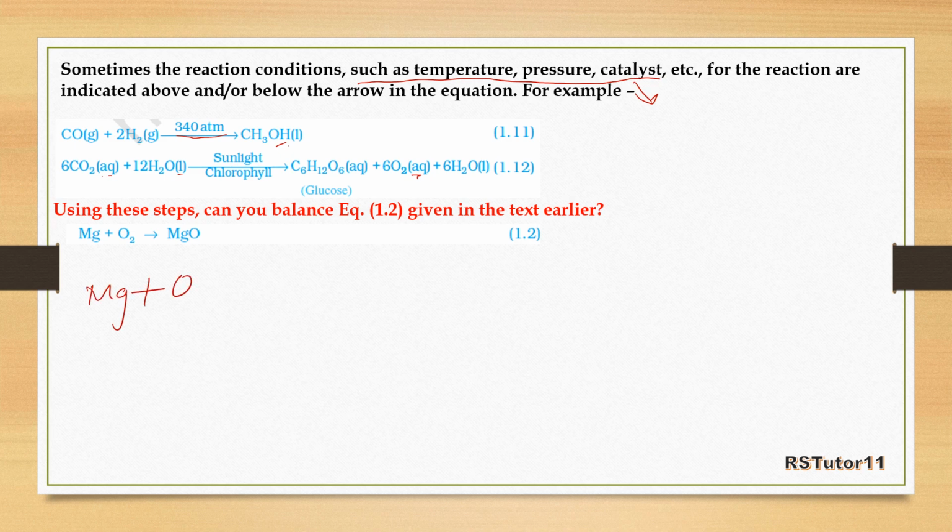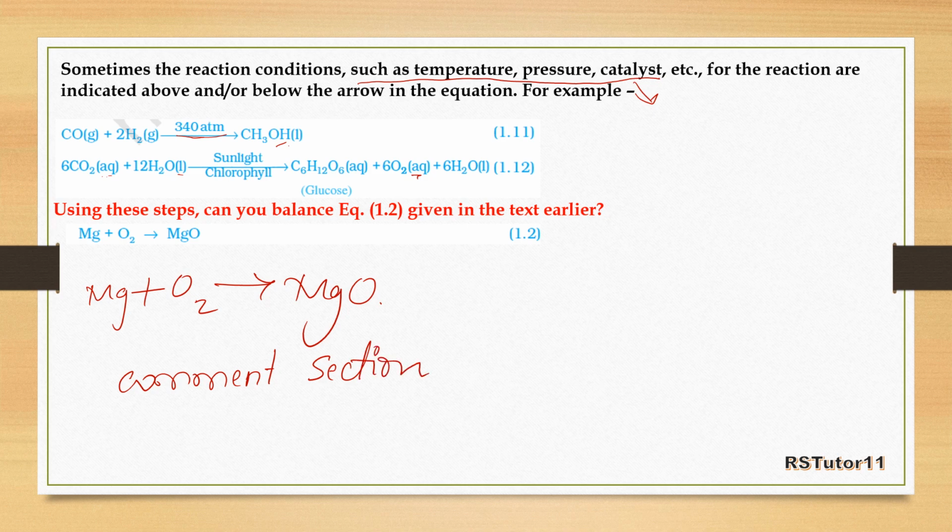Next, balance this equation and comment. Comment section, answer this. I'll roughly just say, but I'll not write. See, one atom of magnesium, one atom of magnesium. 2 atoms of oxygen, 1 atom of oxygen. So this is not a balanced equation.